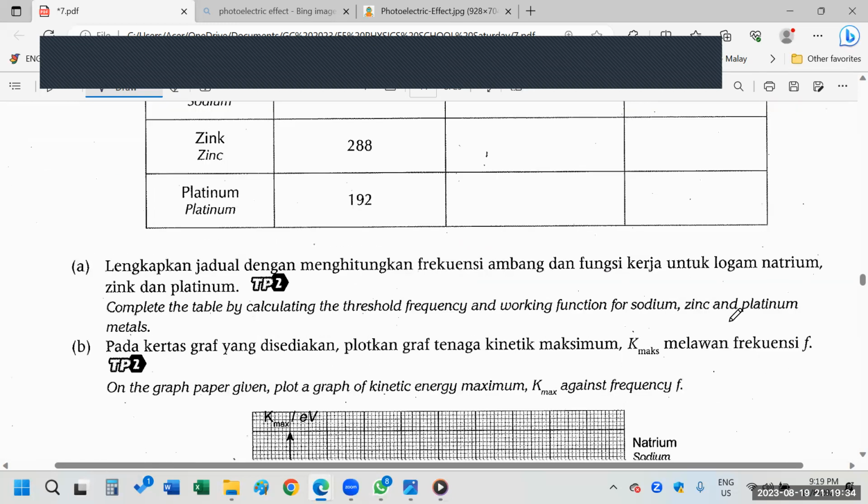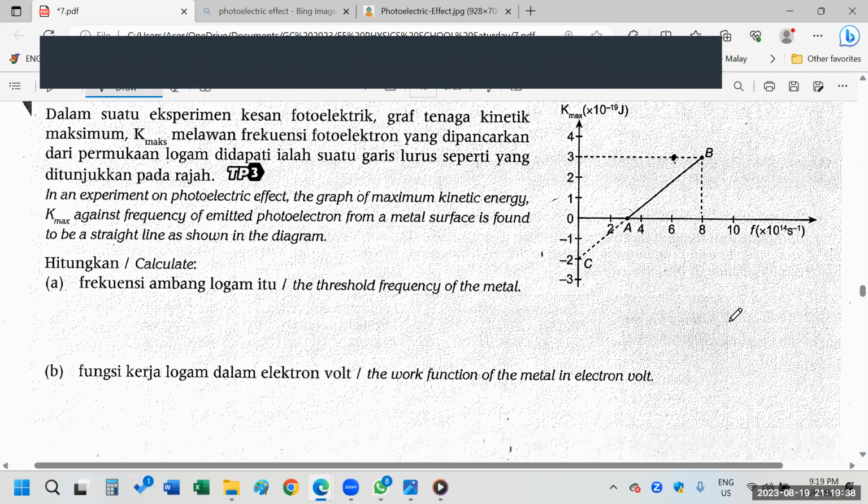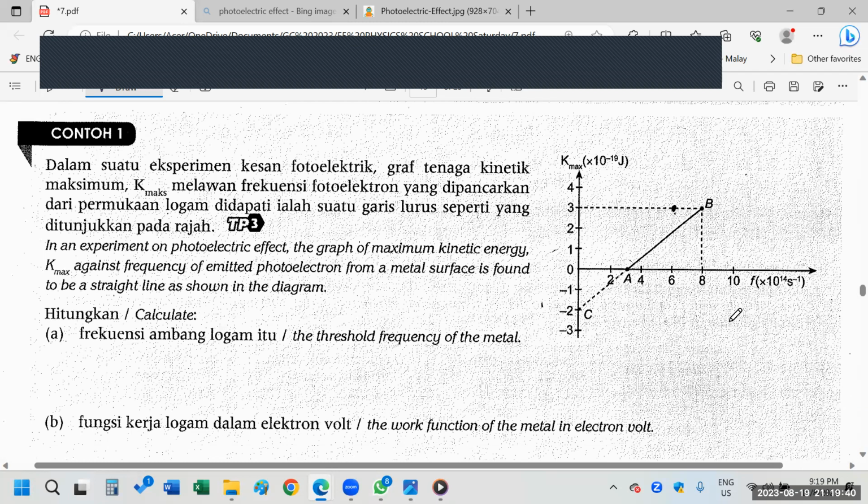Okay, so now let's do some exercises. And normally the threshold frequency is on the x-axis. Now for example, example 1.